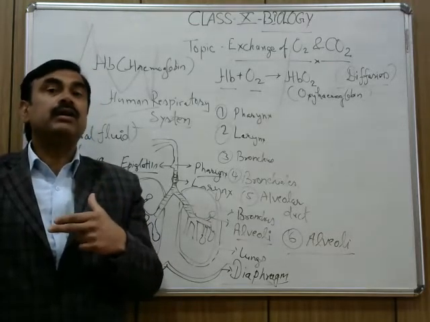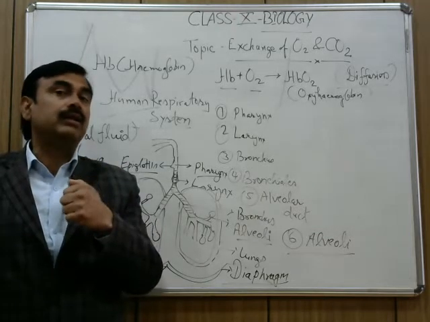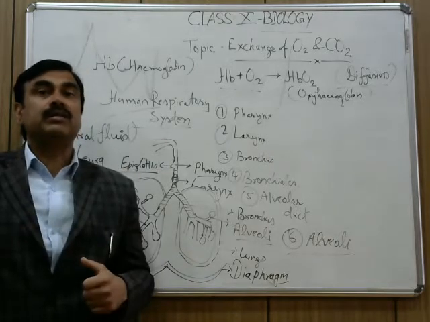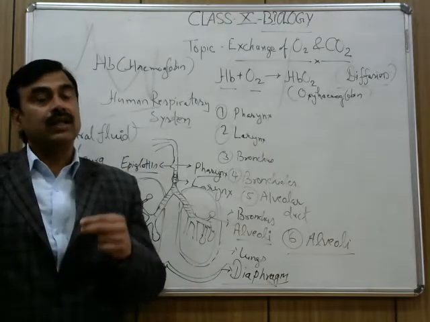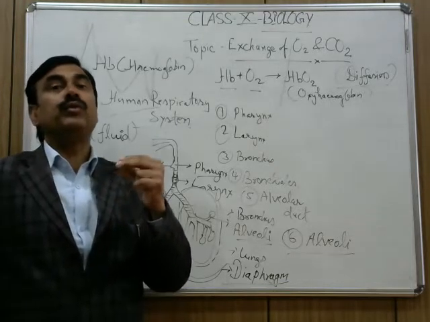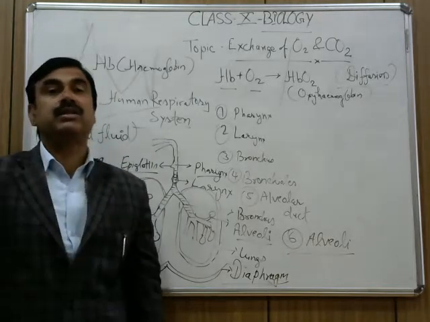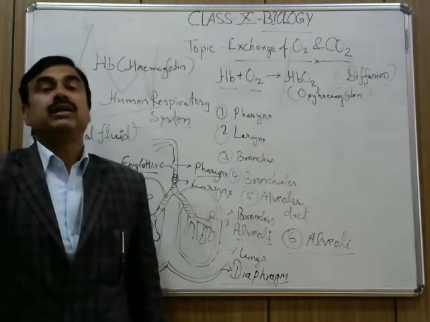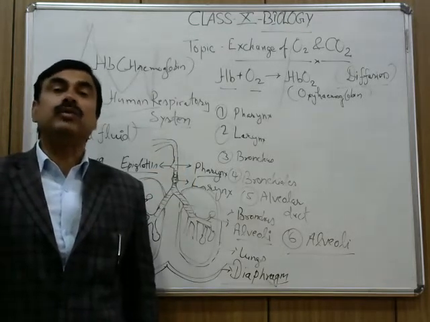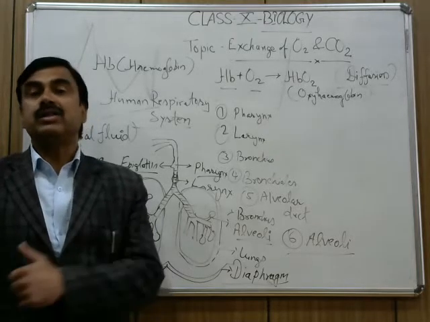When we are going to understand any step of the human respiratory system, the fundamentals should be clear. Diffusion is a process in which molecules move from higher concentration towards lower concentration. It's quite natural. There is no need for hemoglobin to carry the O2 and CO2.